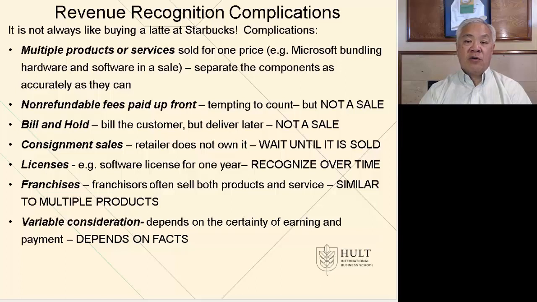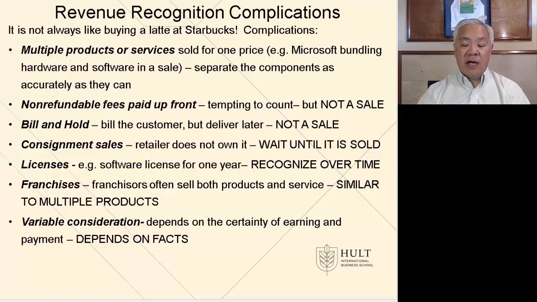So if you're McDonald's Corporation and you have a franchisee who operates in San Francisco, they will pay you a fee. Well, what are they paying for and what is it compensation for? If they buy cups and paper and straws, that's clearly tied to the sale of a product. If it is for the right to do business for, say, 10 years as a franchise in control of a certain area in San Francisco, that is a cost that should be spread over the life of the franchise arrangement.